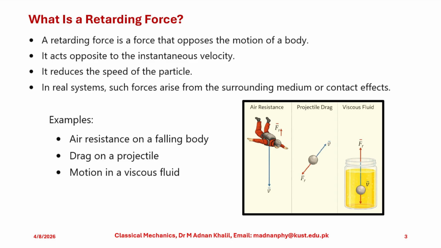In the third case, an object moving in a viscous liquid also experiences a resistive force opposite to its motion. So the idea is that a retarding force is not tied to any one special system. It appears in many physical situations where a medium resists motion.